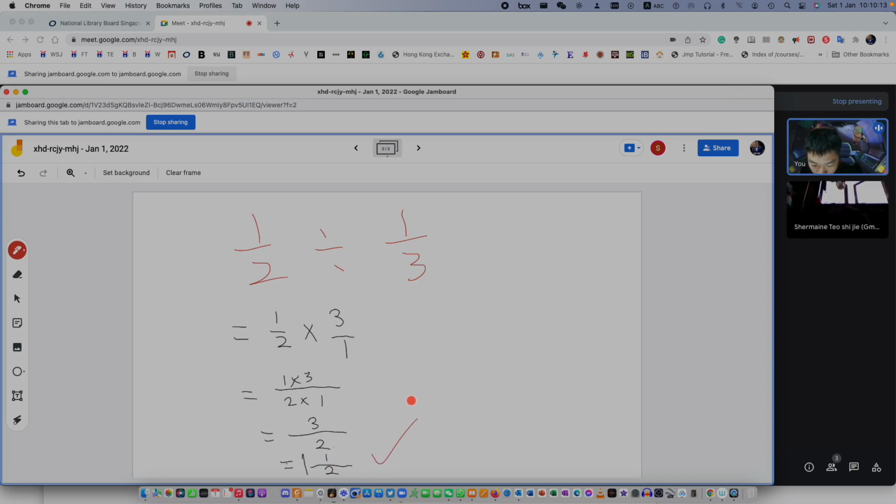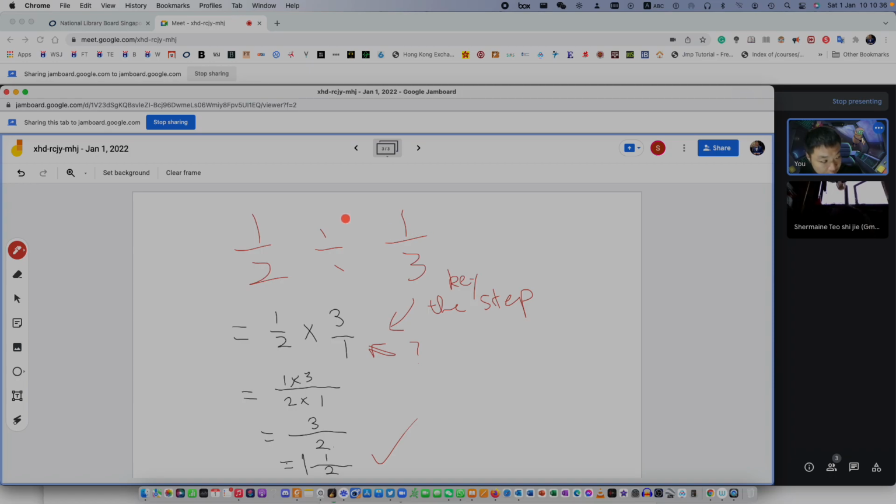Nice, very good work. So for division, this is the key step. Can you tell me what you have done here? Yes.